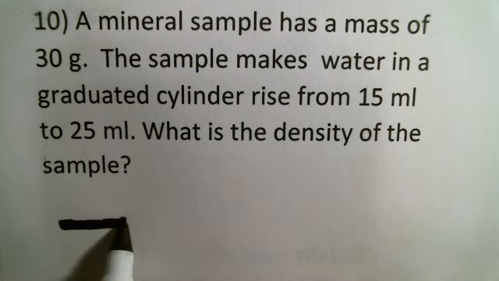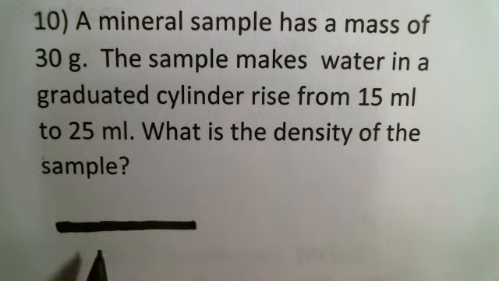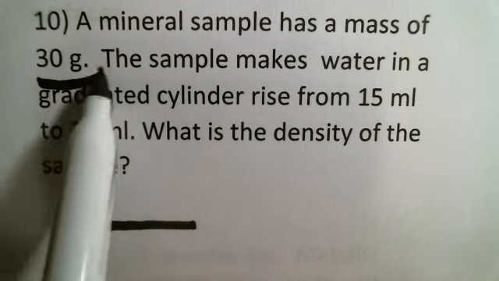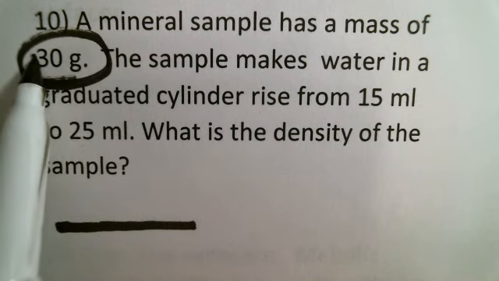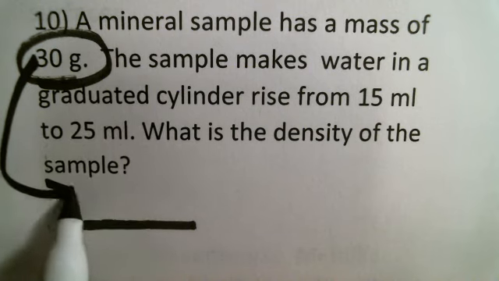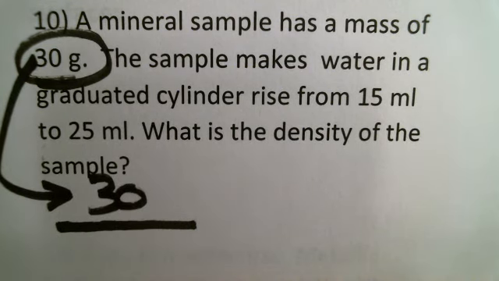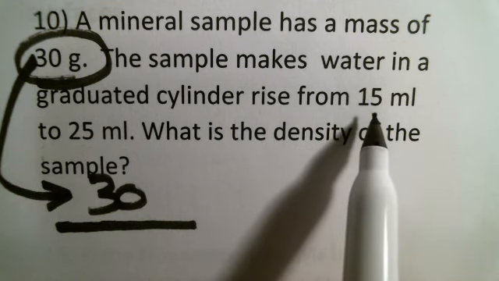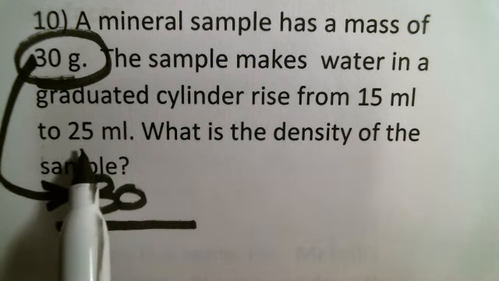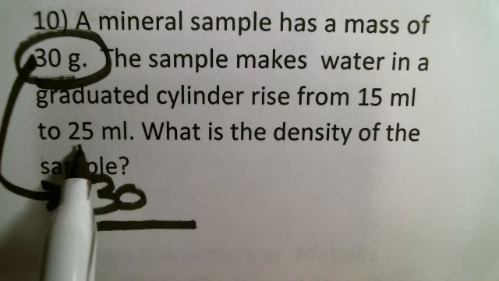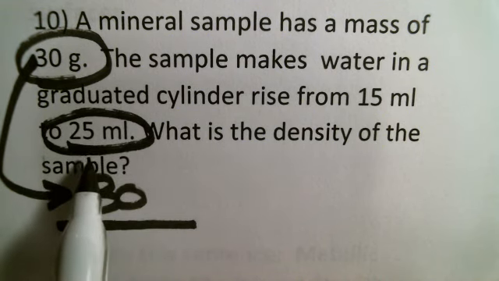So the equation, once again, is mass on top, volume on the bottom, and right here is our mass, 30 grams. So that 30 is going to go on the top. The volume of the mineral is not 15. It is also not 25. This is the high level of the water when the mineral is in it.